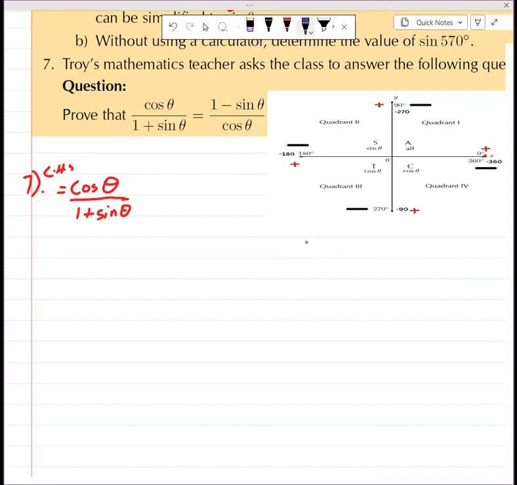The Pythagorean identity says sine squared theta plus cos squared theta equals 1. But from this, I can say sine squared theta is the same as 1 minus cos squared theta, of which I see that this is the difference of two squares, ladies and gents.